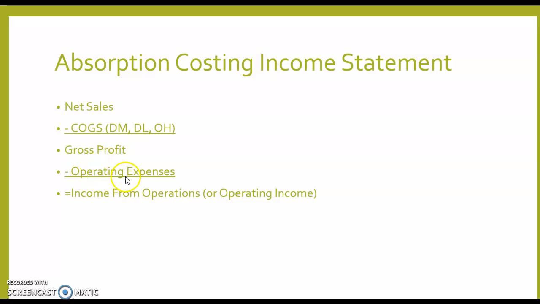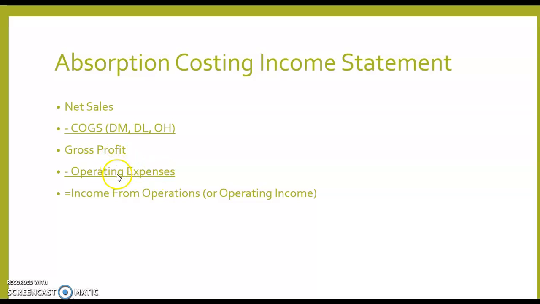Then we subtract out our operating expenses. These are basically our period costs, the wages expense and rent expense from the marketing area and from the office administrative area. Those expenses, period costs, are called operating expenses, and we subtract those.